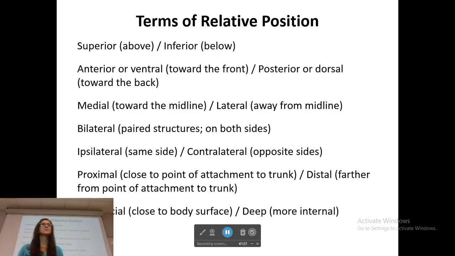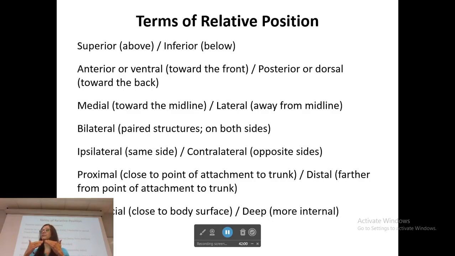Okay, some other terms we have are inferior and superior. Superior meaning above, and inferior meaning below. So give me an example of an organ or a body part that is superior to the diaphragm. Okay, the lungs are superior to the diaphragm.